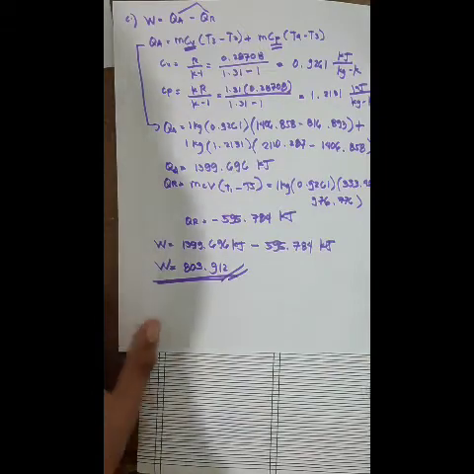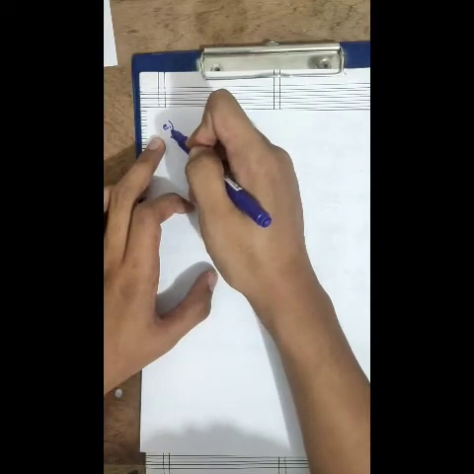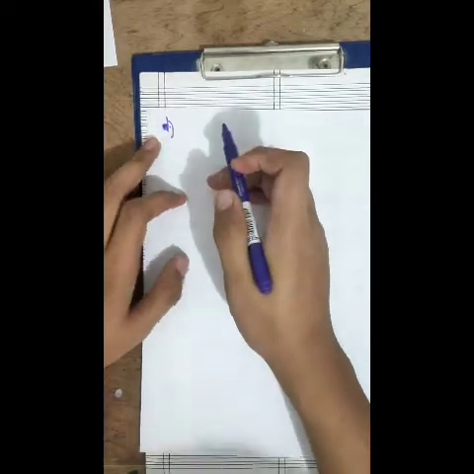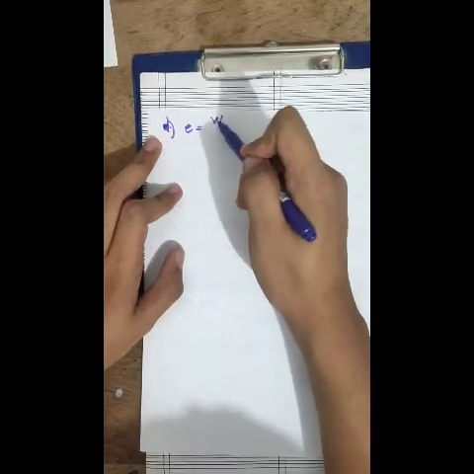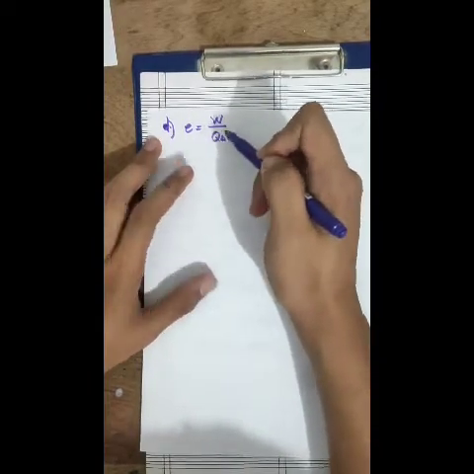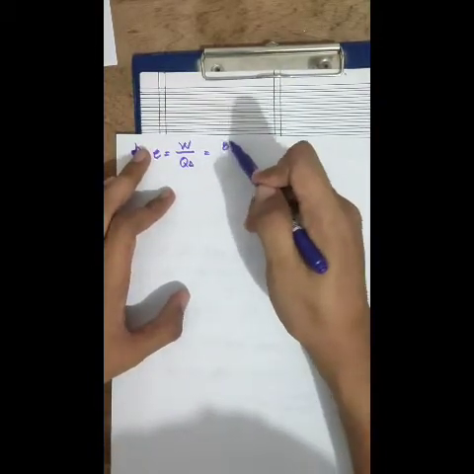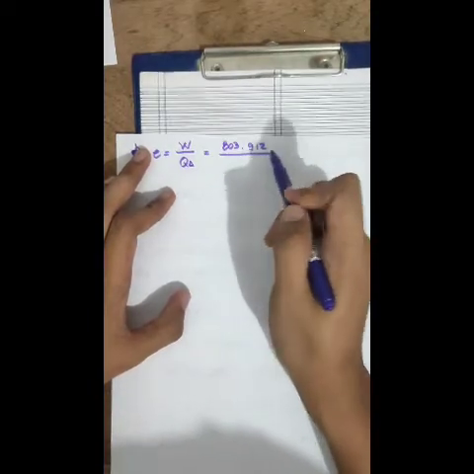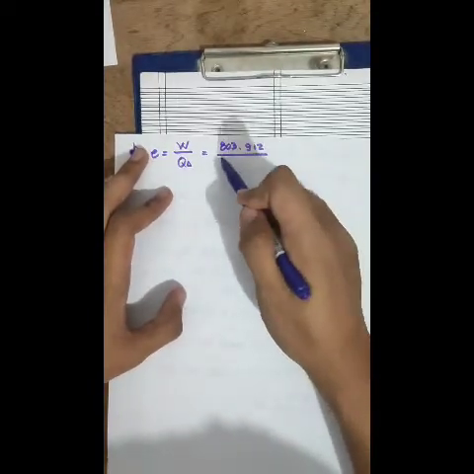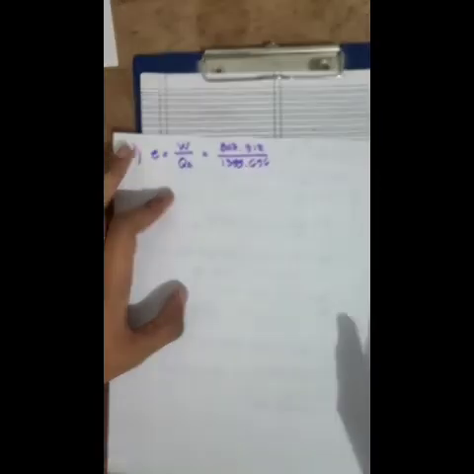So the next one is finding the efficiency. The efficiency is equal to work over heat added. So the work is equal to 803.912 over the heat added, which is 1399.696.